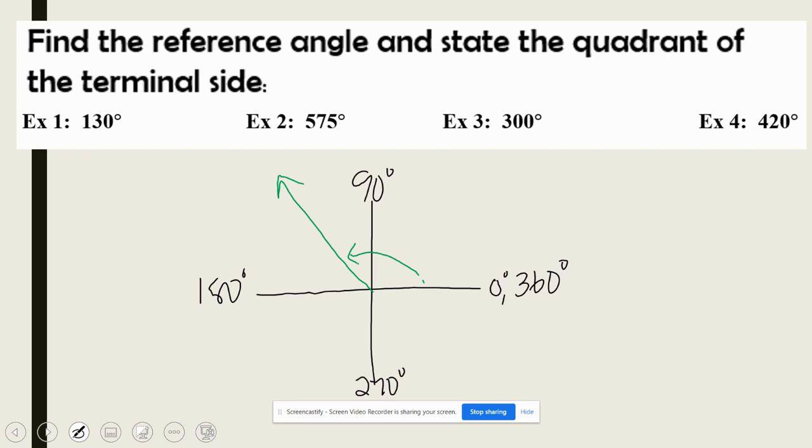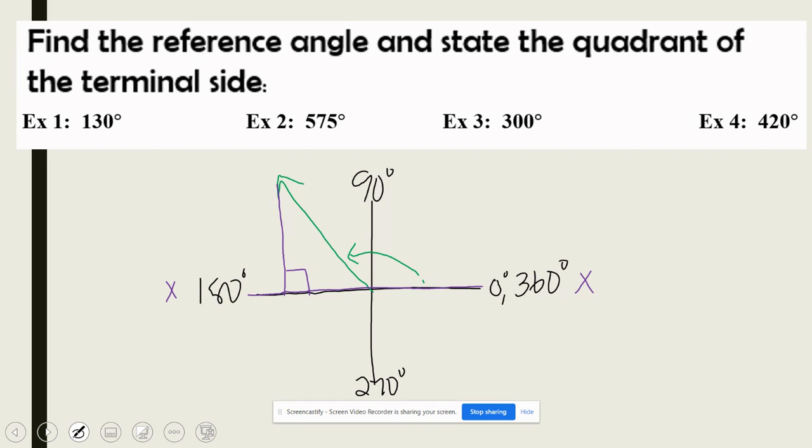So there's my angle. Now for the reference angle, remember this is our x-axis, and we always draw those perpendicular lines to the x-axis and only the x-axis. So our nearest x-axis is here at 180. There's my perpendicular line.